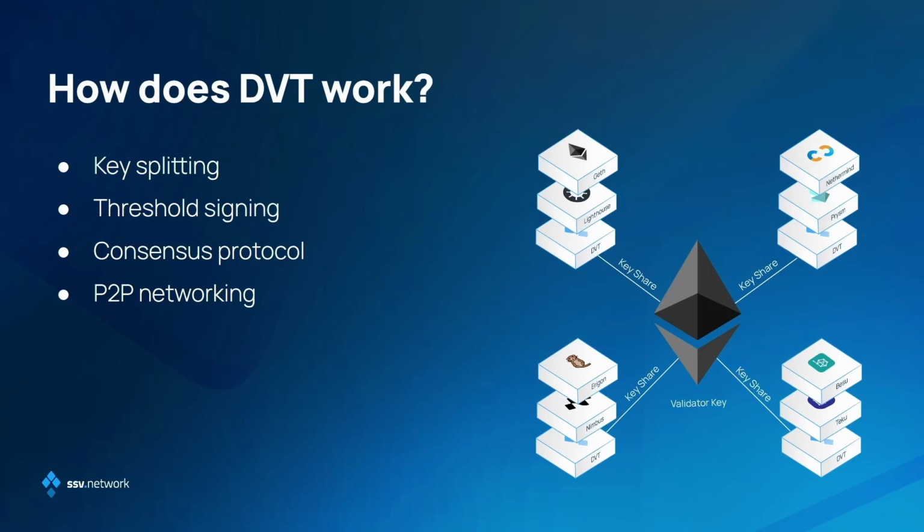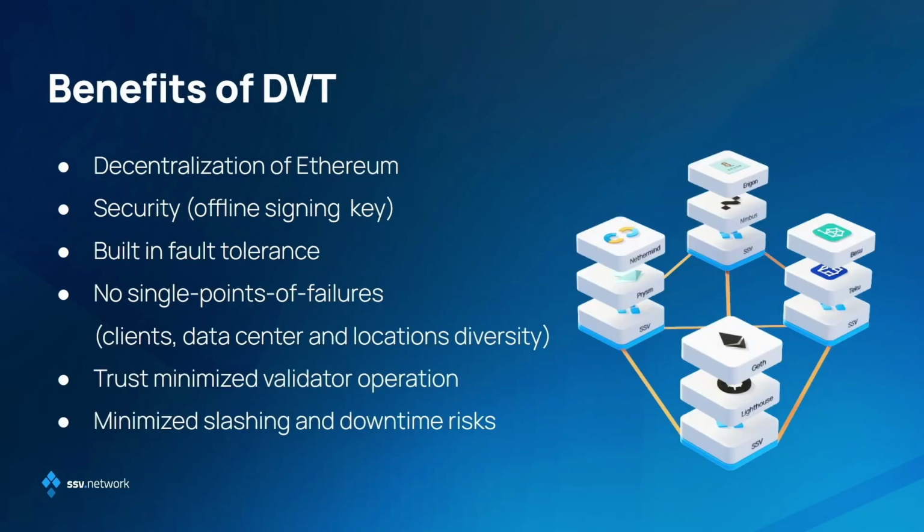And because we use threshold signing and a consensus protocol, you have fault tolerance built in. So if an operator goes offline, it will not affect the overall performance of the validator. As long as the threshold is met, it will continue to function as normal, meaning it's a lot more resilient. With that said, the benefits of DVT are pretty substantial.